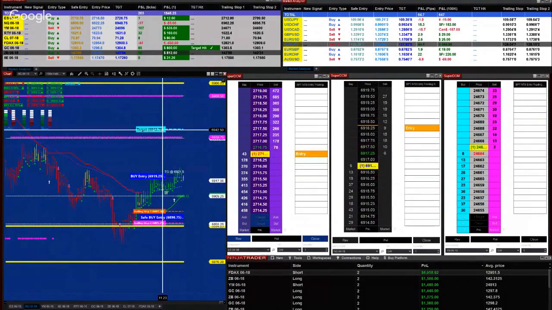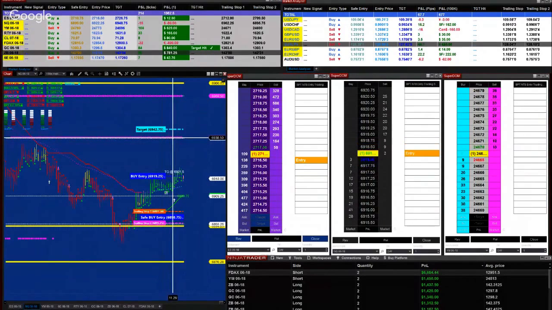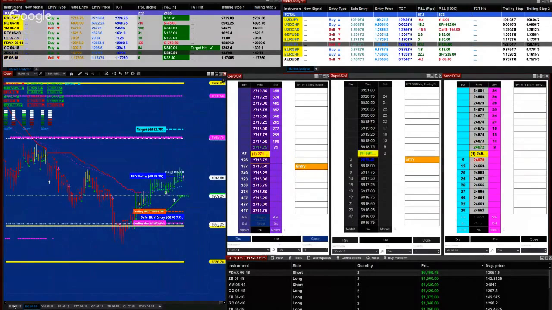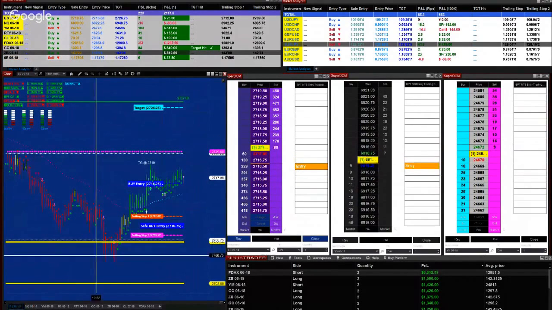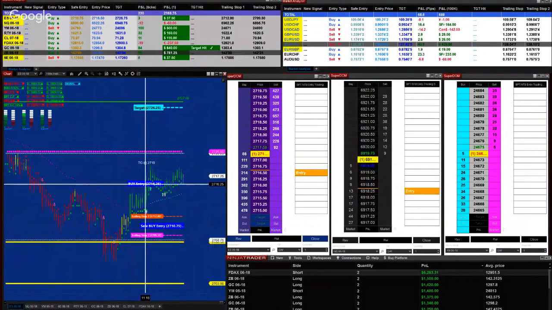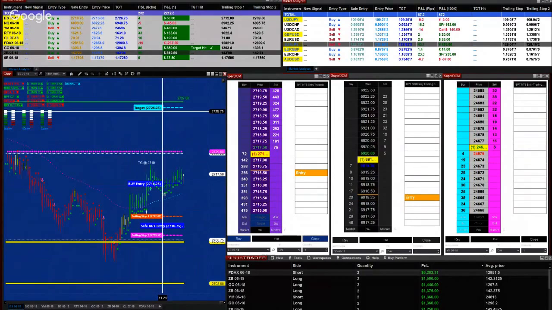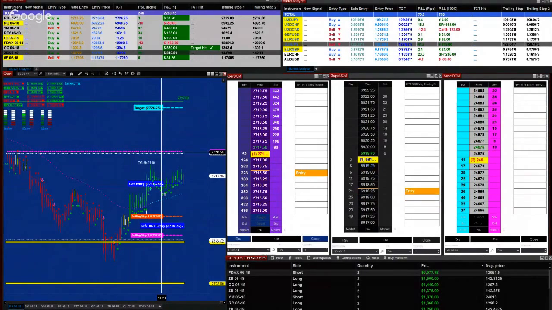The target on the Nasdaq is 69.4275. You have a resistance at 69.3850. On the ES, you have an entry at 2716, target 272625, and then you have a resistance at 272050.